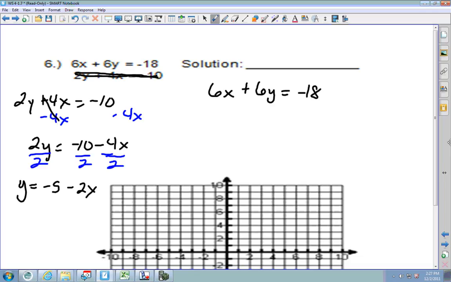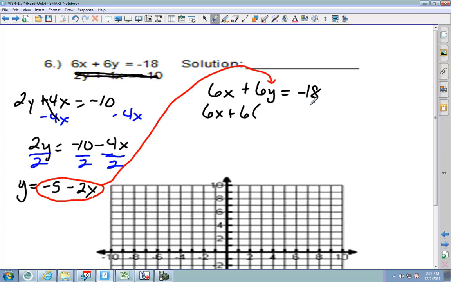Okay, so I'm going to take what y equals, and I'm going to substitute it in here for y. So I have 6x plus 6 times y equals negative 18. Well, we just found y to be negative 5 minus 2x. Now, let's go and try and find x.